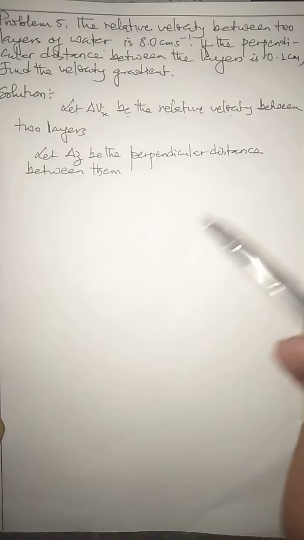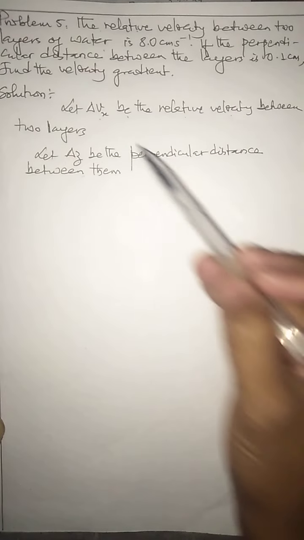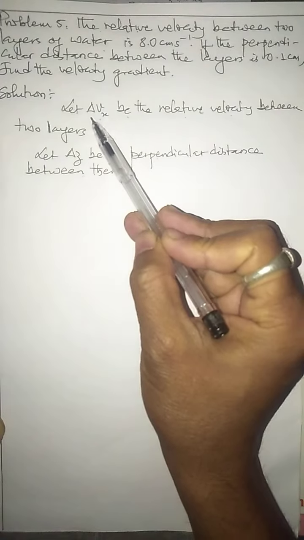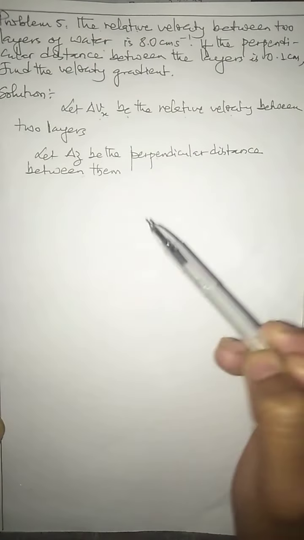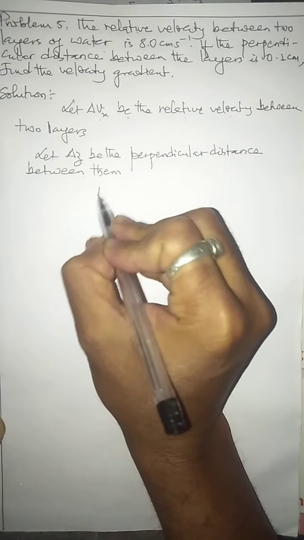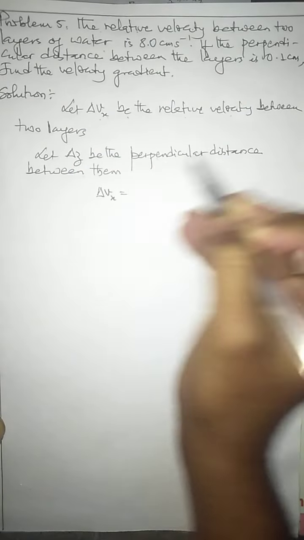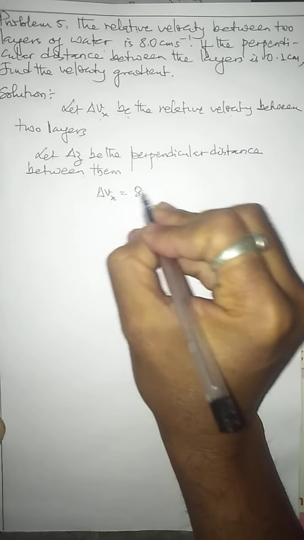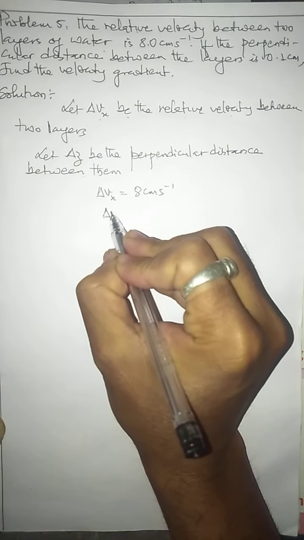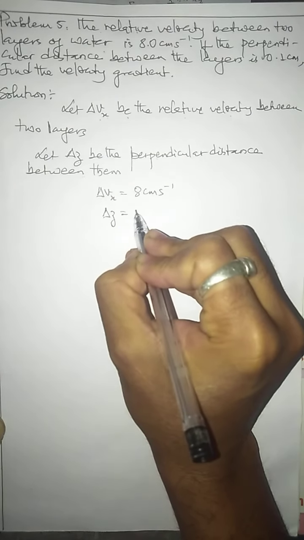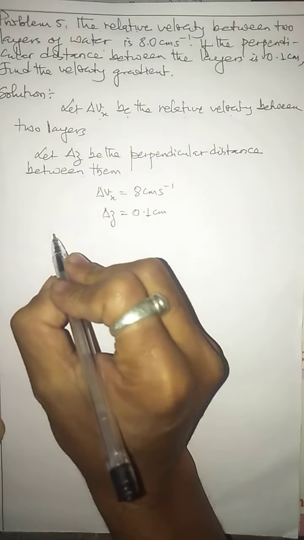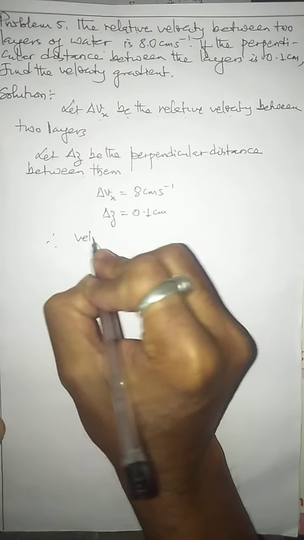In the YouTube video on the expression for velocity gradient, we considered the relative velocity between any two layers as delta Vx, and the distance between the two layers as delta Z. In the question, delta Vx is 8 centimeter per second, and the perpendicular distance delta Z is 0.1 centimeter.